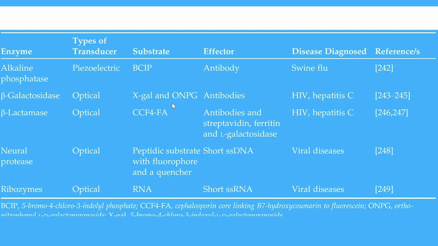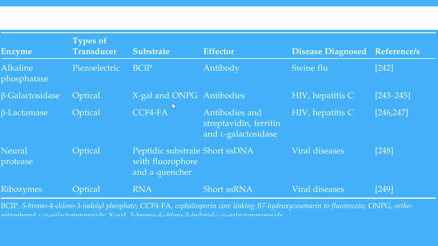Now these are the recent discoveries of enzymes as biosensors using allosteric enzymes, where beta galactosidase, instead of using the normal substrate, uses analogs, XGAL or ONPG. They support use as a reporter molecule for the detection of gene expression.